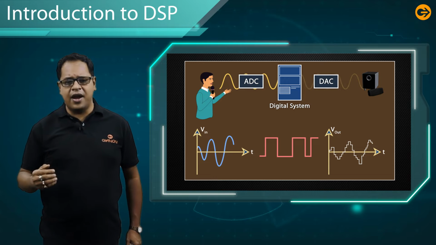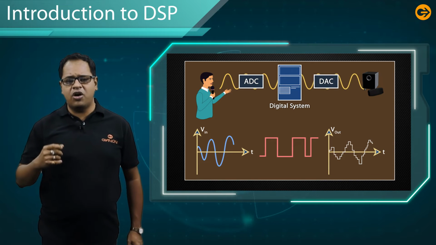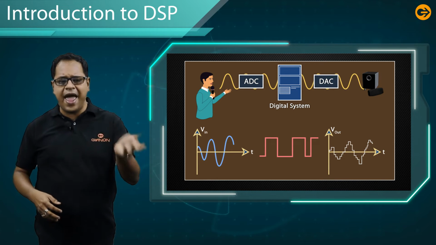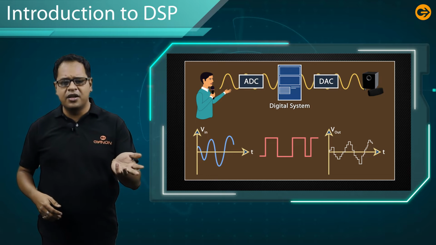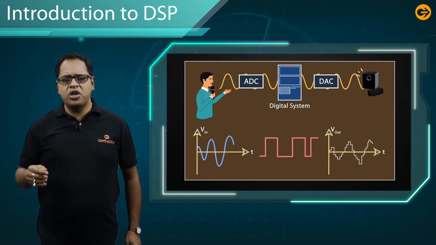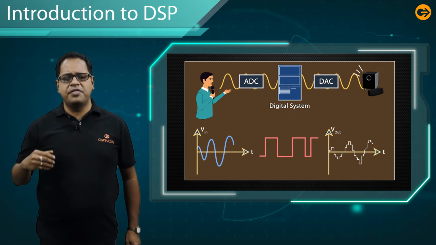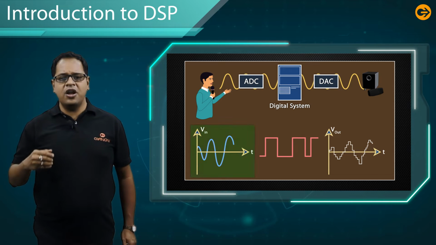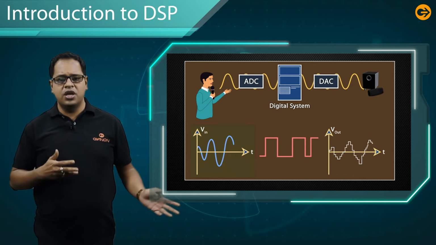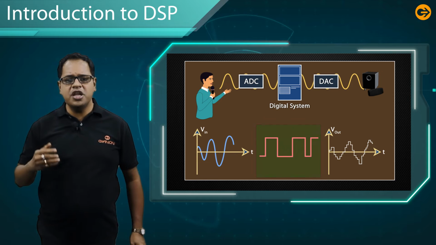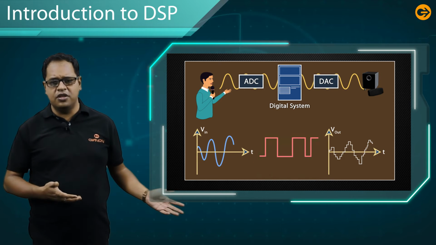On the other hand, the DAC will convert the already processed digital signal back into the analog signal that is used by audio output equipment such as speakers. The analog signal is as shown in the figure. The corresponding digital signal is as shown in the figure.